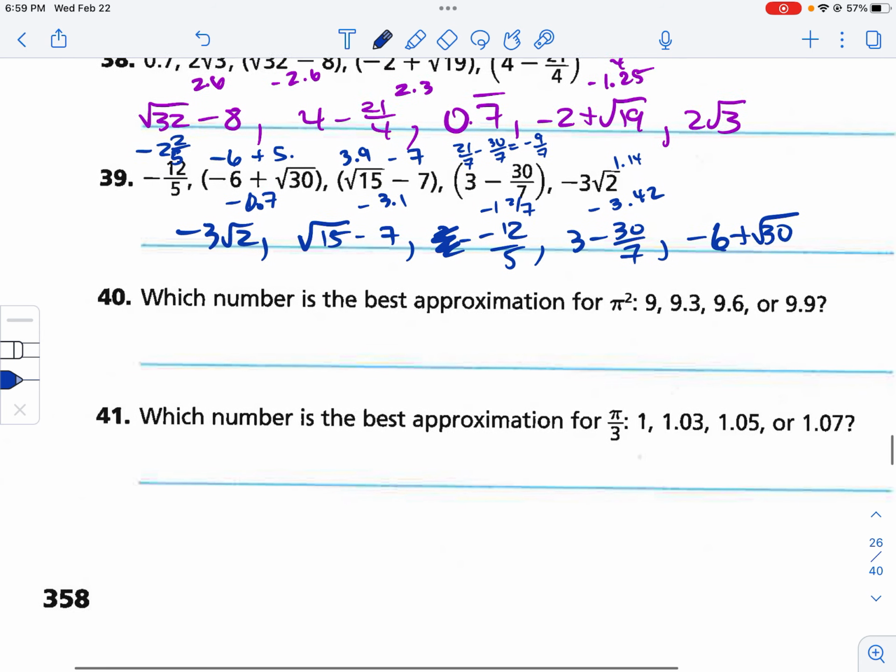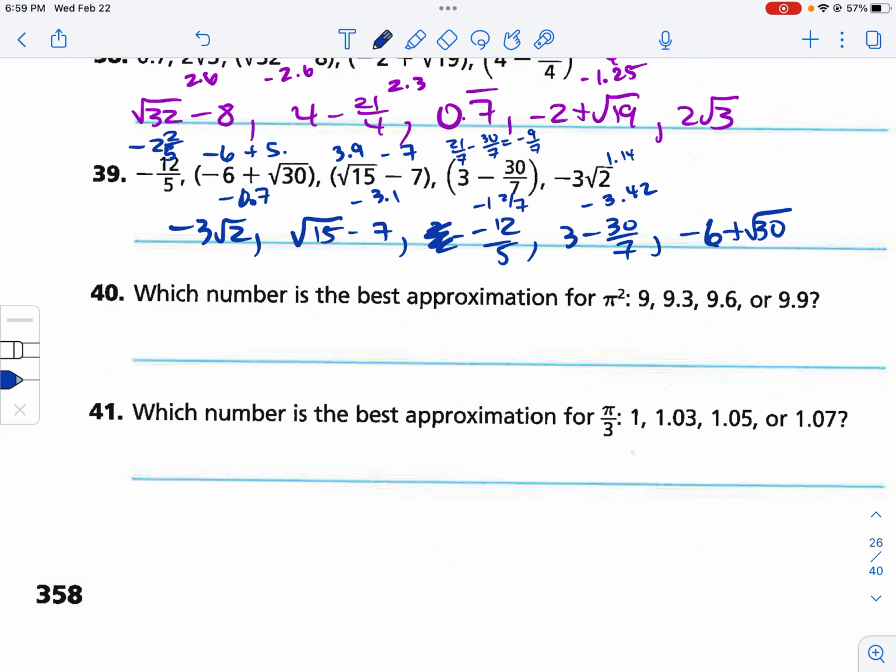Which number is the best approximation? 3.14 times 3.14. That would get me 16. That's 4, 5. That's 12. That's 4, 1, 3.